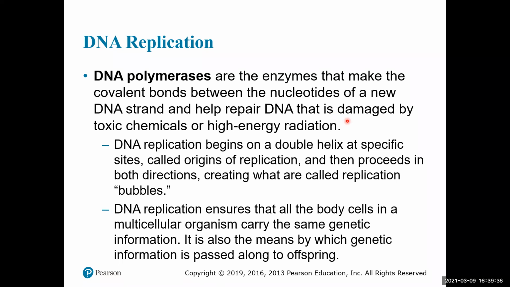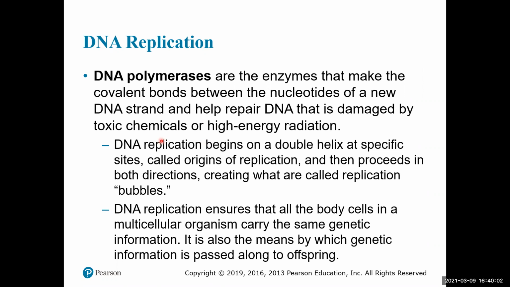Those polymerases bond those nucleotides together. They also will go in and help repair DNA that could be damaged. Let's say it's damaged and maybe it doesn't have the correct base pair, maybe something happened and there was a mistake. Those polymerases can go in and fix that.